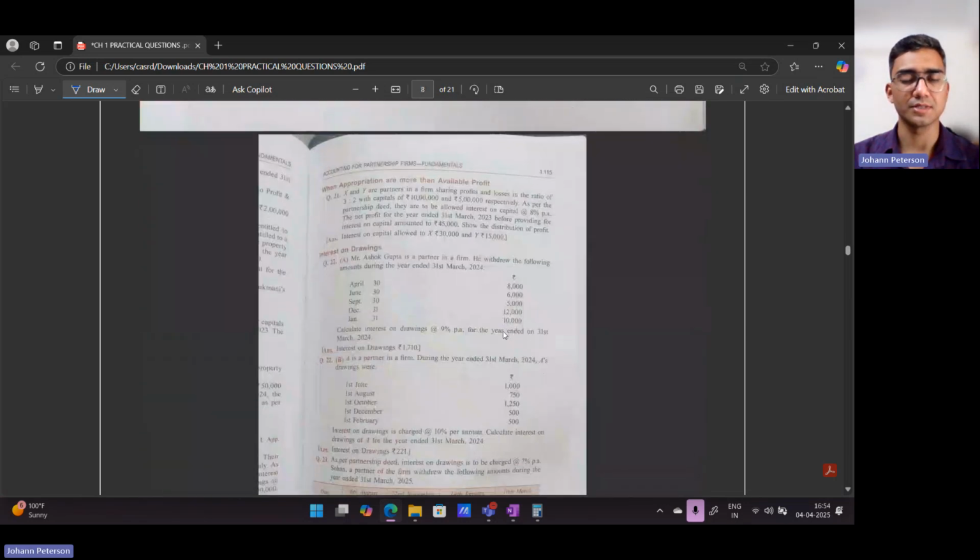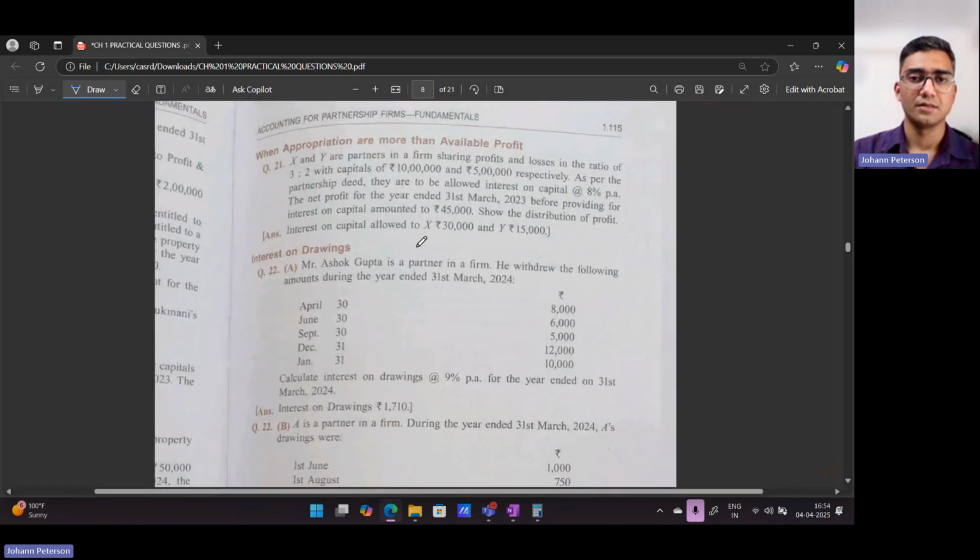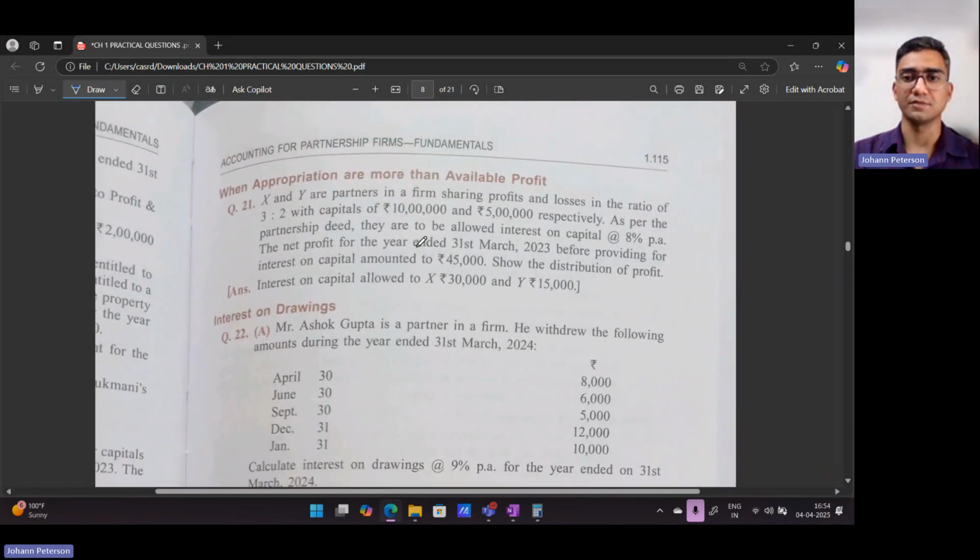Okay. Now let's go to the next question. This says X and Y are partners in a firm sharing profits and losses in the ratio of 3:2 with capitals of 10 lakh and 5 lakh respectively. So two partners, capitals are given, 10 lakh and 5 lakh. The ratio is given 3:2.